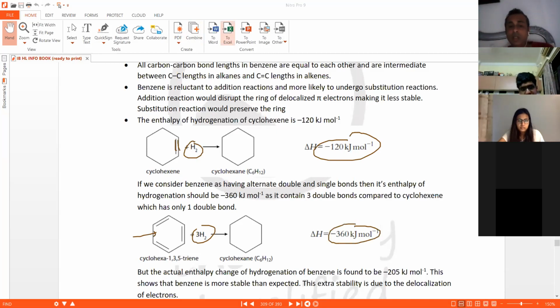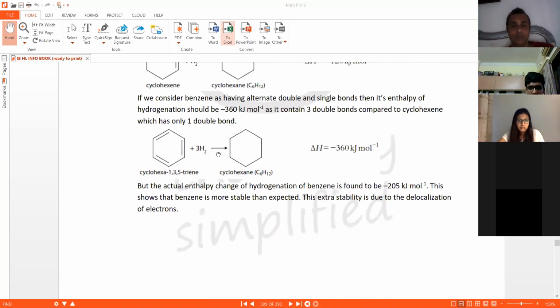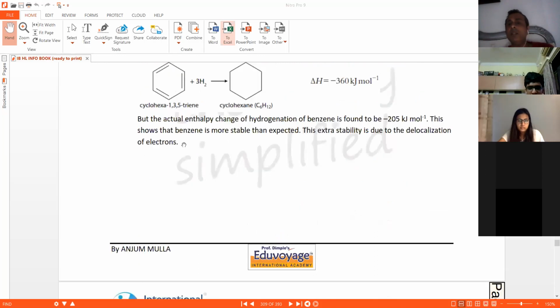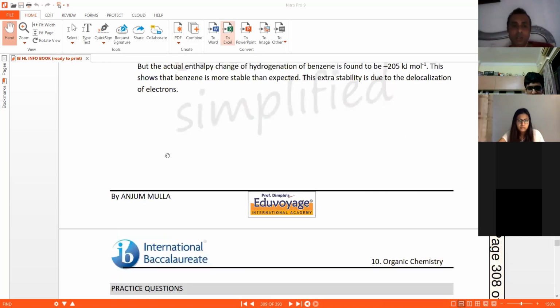But the actual enthalpy of hydrogenation is minus 205. It is much less than expected, which means this is due to the stability. Okay, understood. Thank you. Extra stability is due to delocalized electrons.